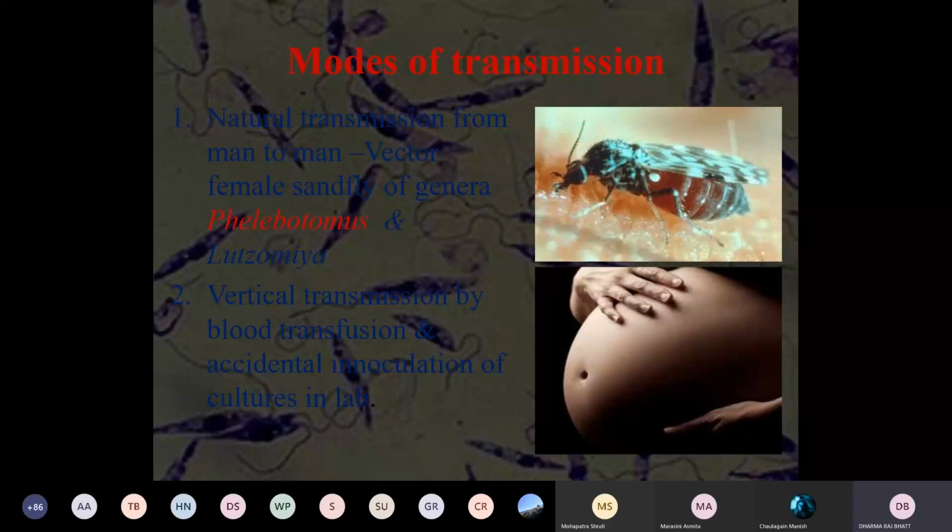So there is some possibility of accidental inoculation of these parasites via damaged skin, right? So these are the different modes of transmission of Leishmania donovani.